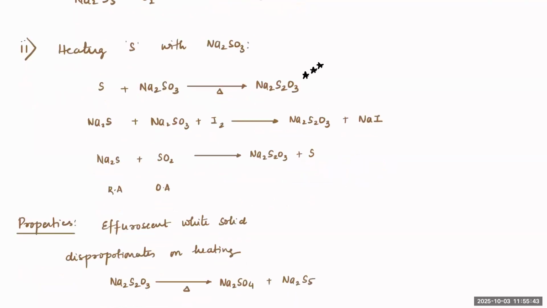Basically, iodine is getting reduced here. In fact, if you add further more iodine to this one, it will convert into Na2S4O6 plus 2NaI. What do we call it? Iodometric titrations. Got it?